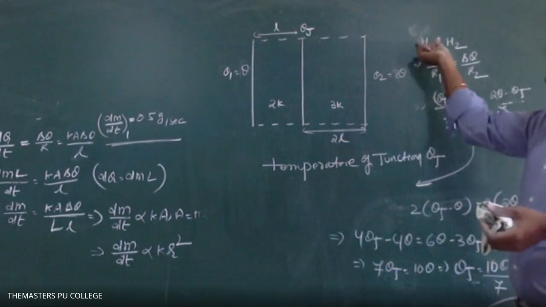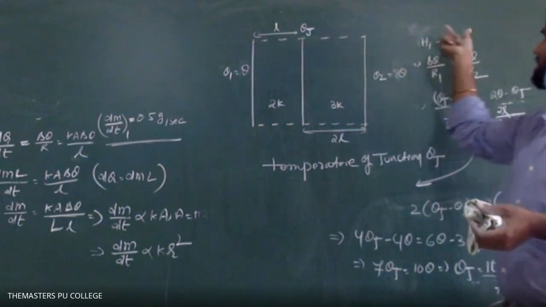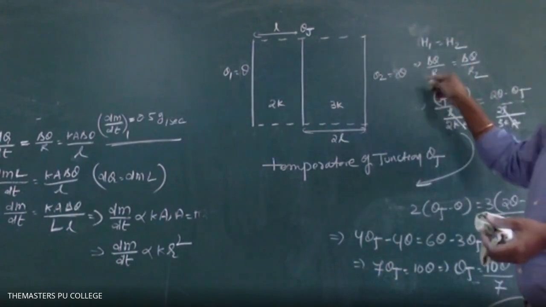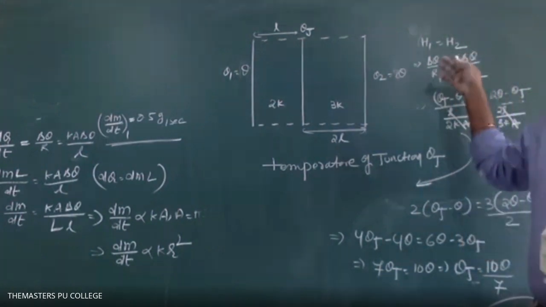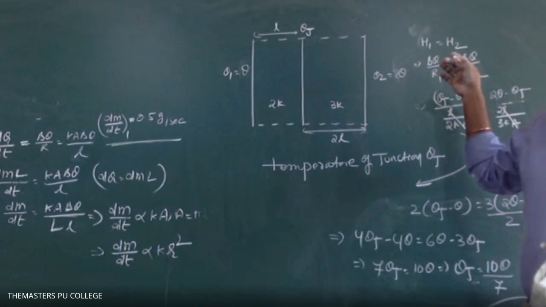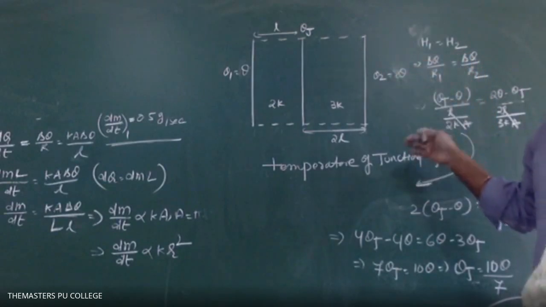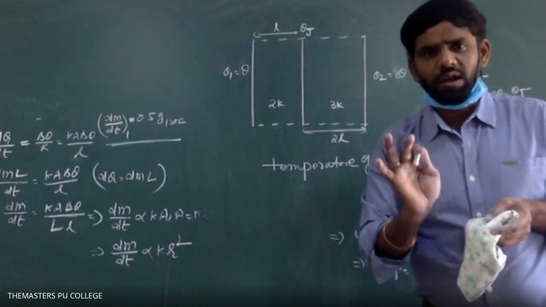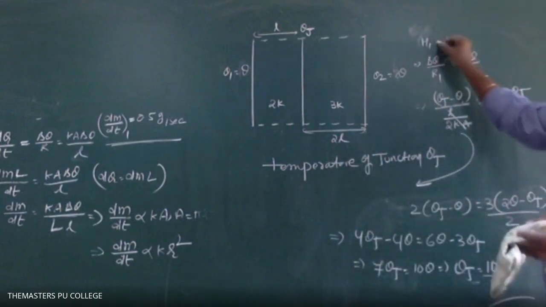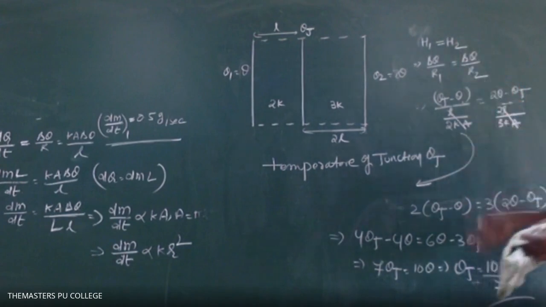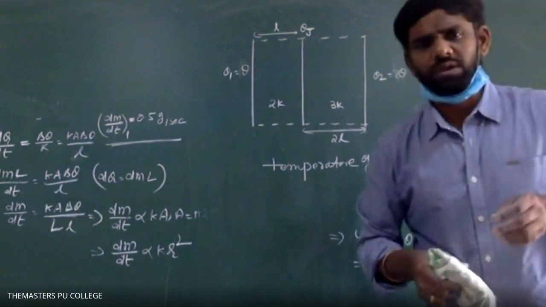If that formula is not remembered, we can apply this method, equating the rate of heat, and there we will get the temperature of the junction. Understood? Got it, students?